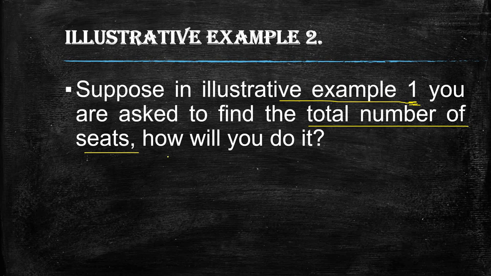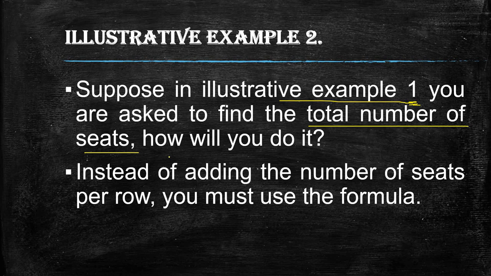Hindi katulad kanina, na ang hinahanap lang natin is yung number of seats dun sa last row. So, dito, lahat, as in, total number of seats sa loob ng auditorium. So, instead of adding the number of seats per row, you must use the formula. So, mas madali kasi at mas mabilis kapag may mga formulas tayo na ginagamit at guided tayo nun.